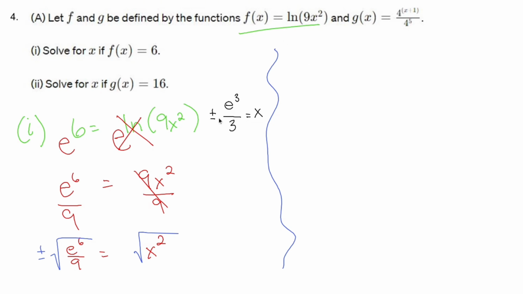Usually when I have negatives and ln's and stuff like that, I'm not allowed to do it. Well, I have news for you. You are allowed to plug in the negative, because before you take the ln, you plug in negative something and then square it, which makes it positive. So my answer is both positive or negative e cubed over 3.